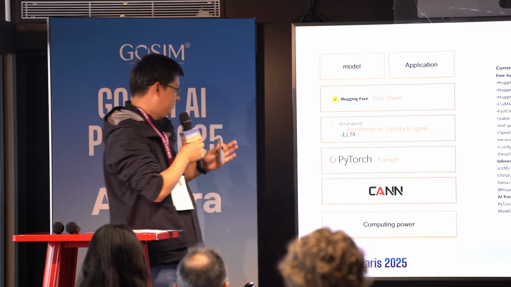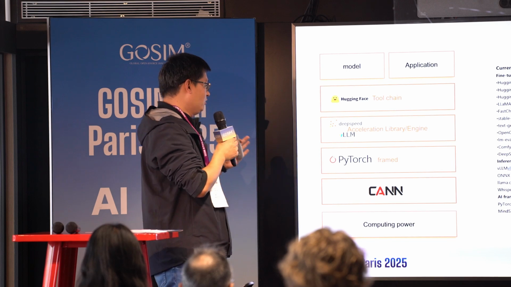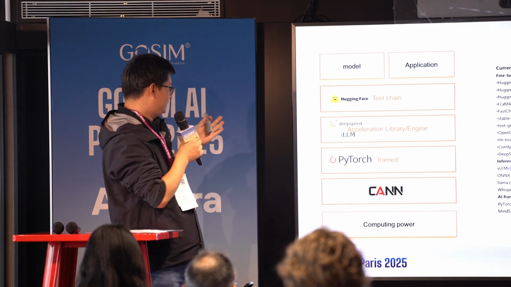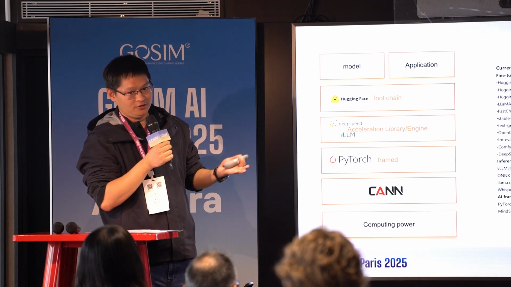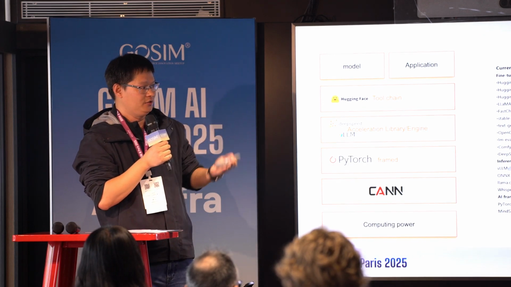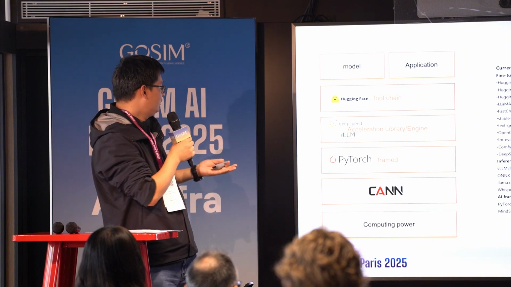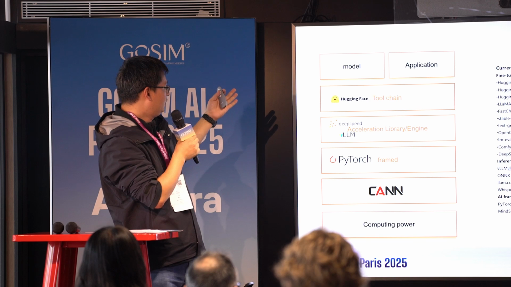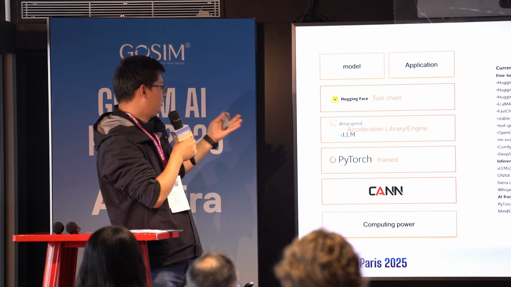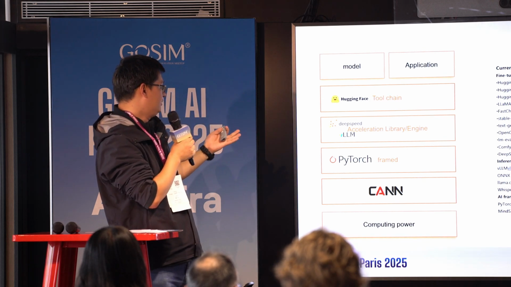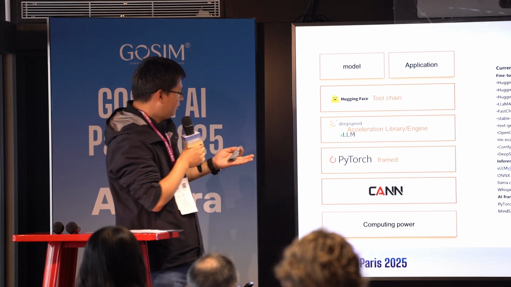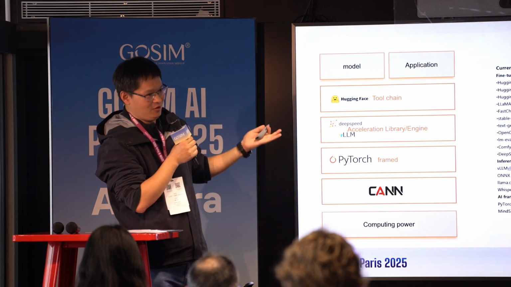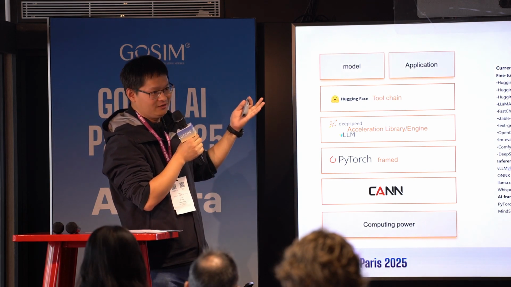So based on CANN, we also build an open source ecosystem to let users use Ascend hardware easily. It's from models and applications, into toolchains, into accelerated libraries, and into the AI framework. For example, I list some famous or popular libraries on the website.